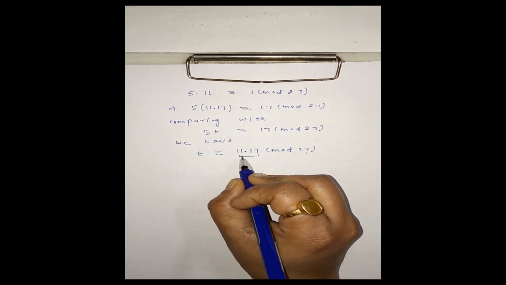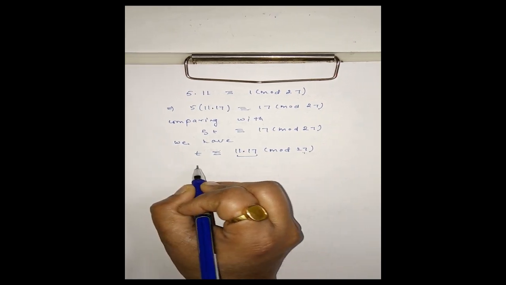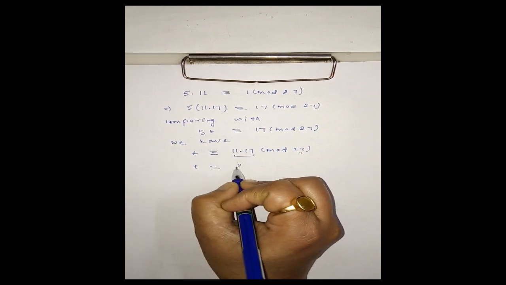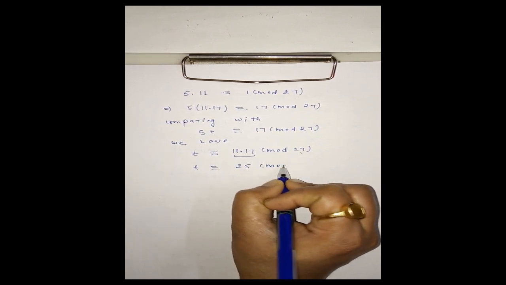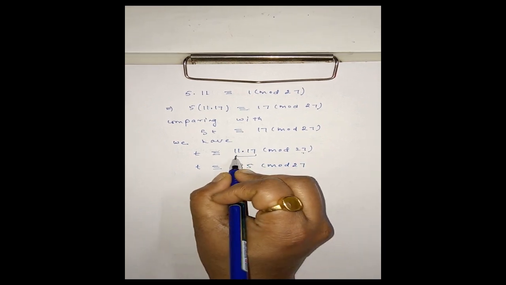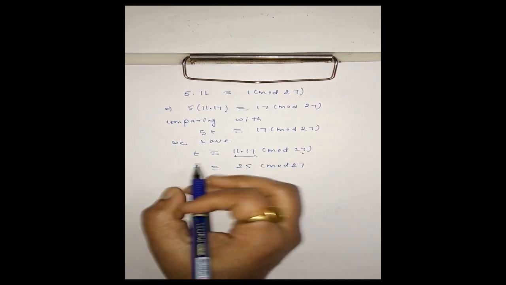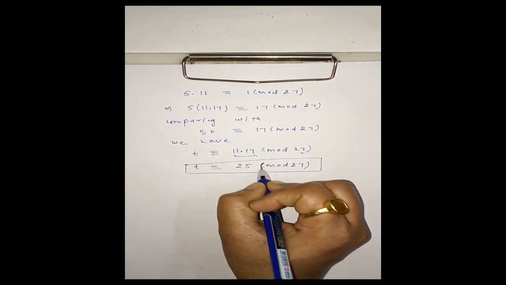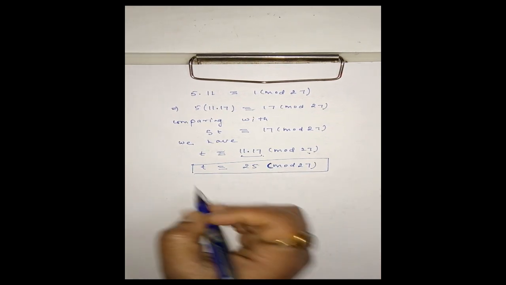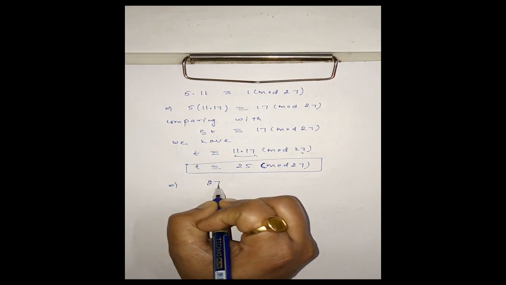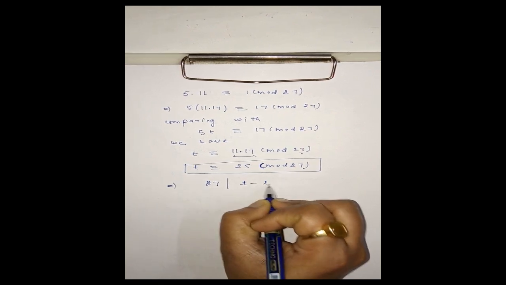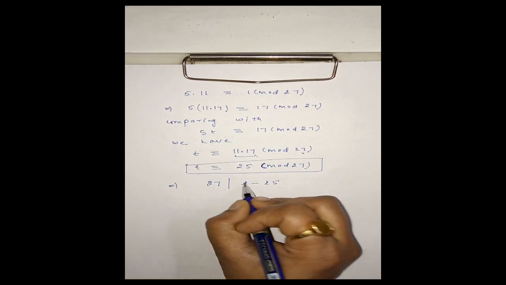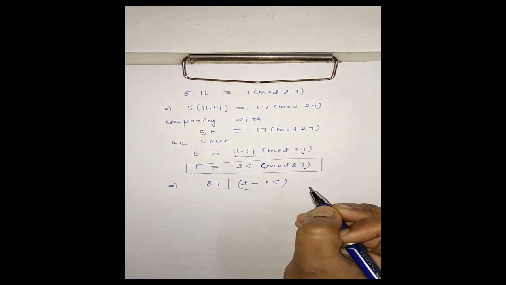That means on dividing this number by 27 and writing the remainder here, this can be written as t is congruent to 25 modulo 27. Then this is the solution here. Okay, now this will imply 27 divides t minus 25. Okay, clear?